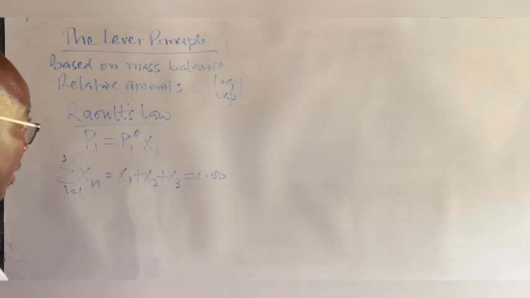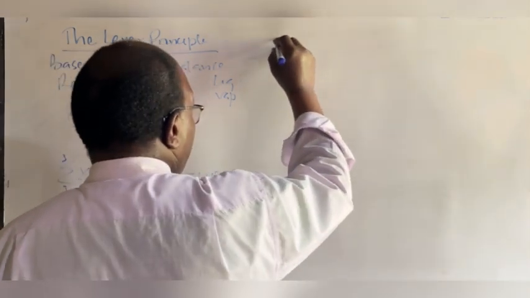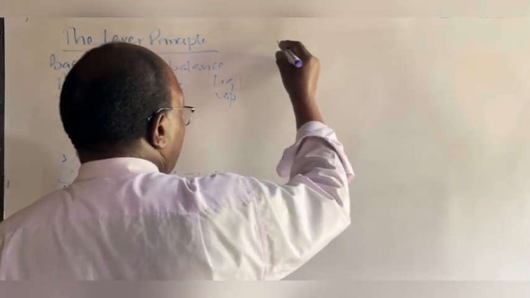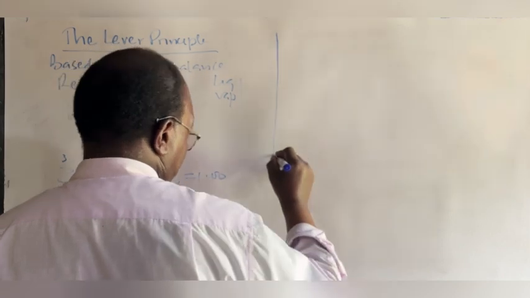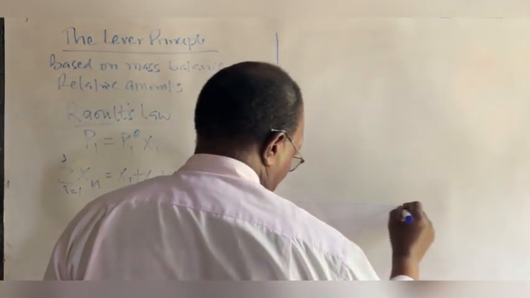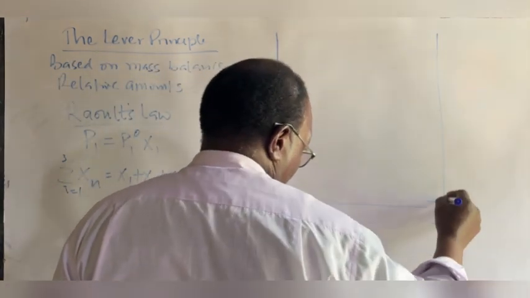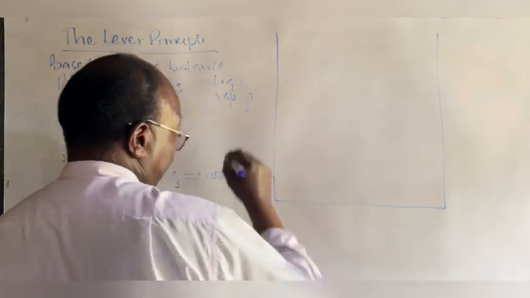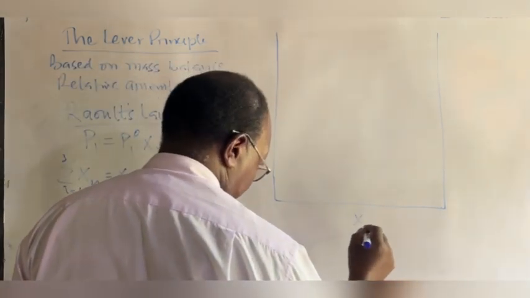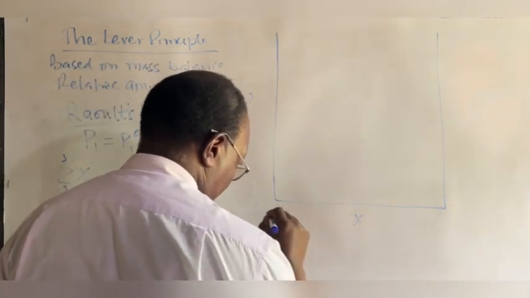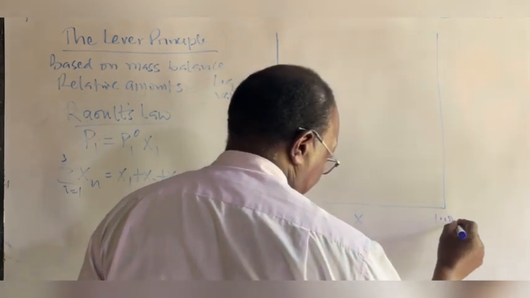Now, the pressure composition diagram based on Raoult's law: we have pressure, and we have mole fraction from 0 to 1.00.